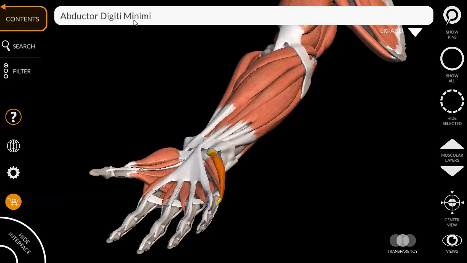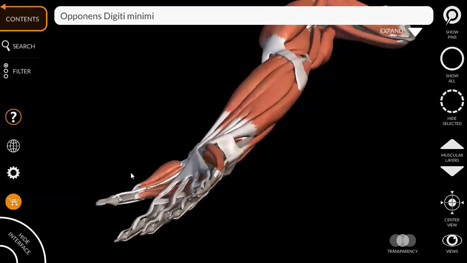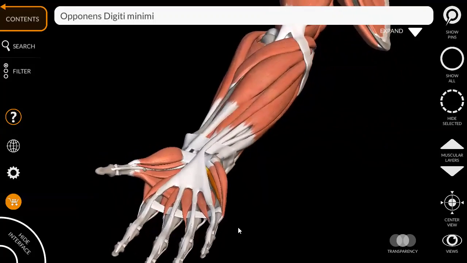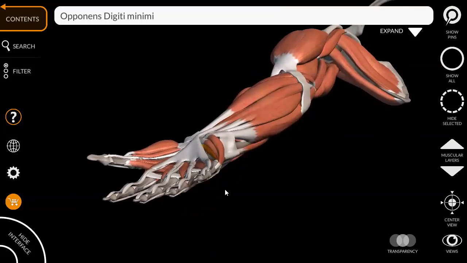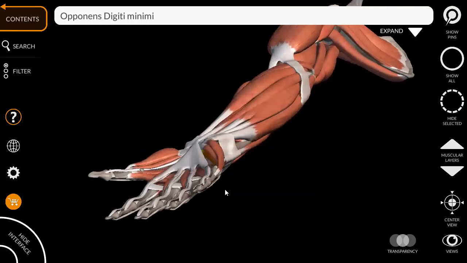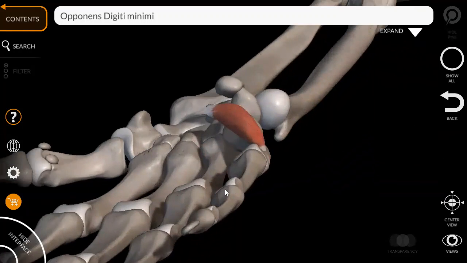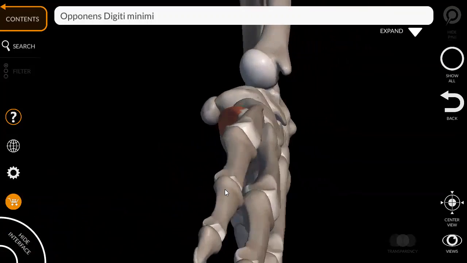Abductor digiti minimi. Minimi means the pinky finger, the last finger. And flexor digiti minimi brevis, and opponens digiti minimi. Opponens means opposite, so it moves in the opposite way. If you see the origins and insertions here, it's very different in the view of your finger.